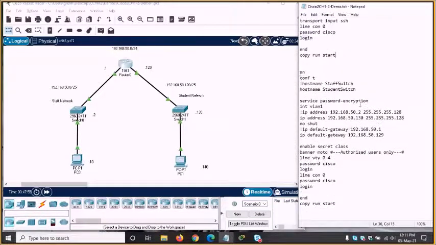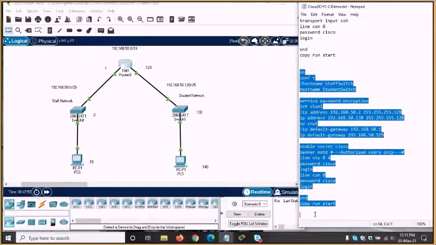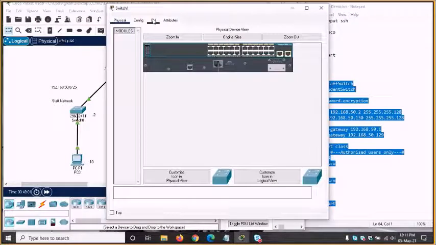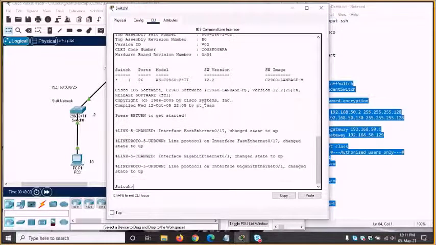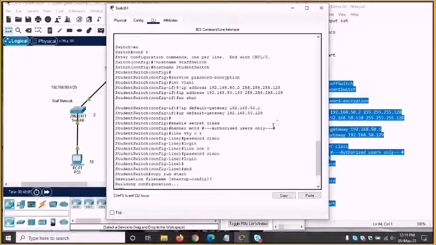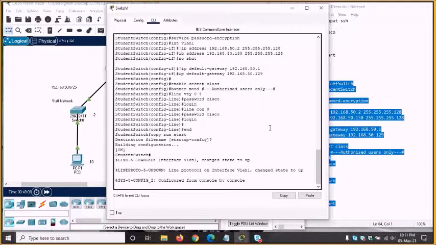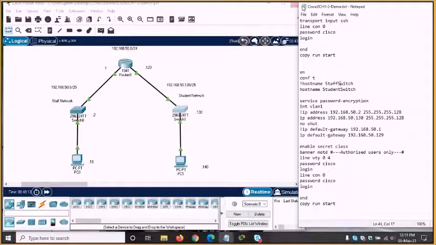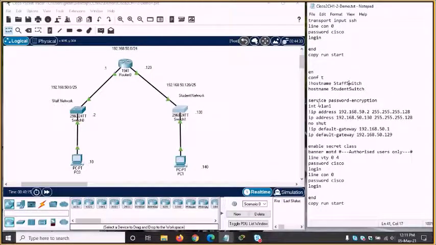All right, first switch, which is student switch by the looks of it. Again, I don't see any errors. All relatively happy. Now I've got to edit this a little bit. Oh, I haven't done the host name yet, have I?